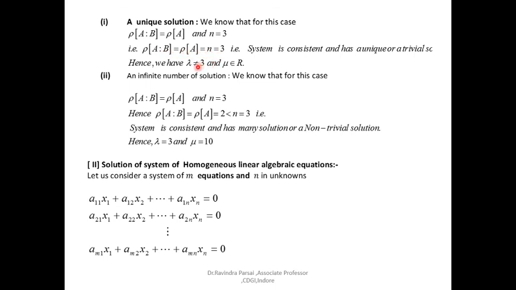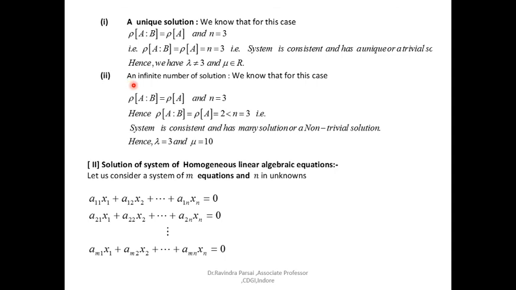For this, the only possibility is that you do not take lambda equal to 3. When you avoid lambda equal to 3 and take any real value of mu, then in that case your ranks are always equal, and this condition is true. So this is the answer in the second case.